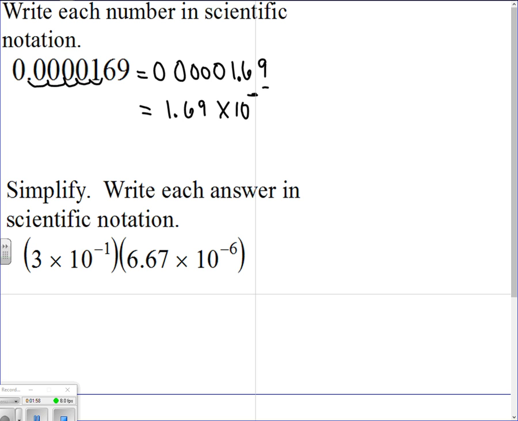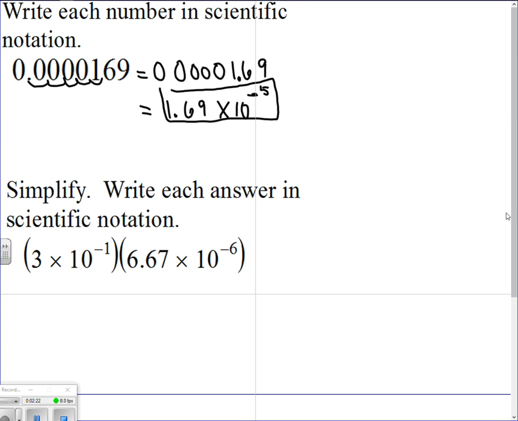So the answer is -5. So I wrote the number in scientific notation. The rule is the number has to be between 1 and 10, and you can only change the number if you move the decimal. So the answer would be 1.69 times 10 to the -5.